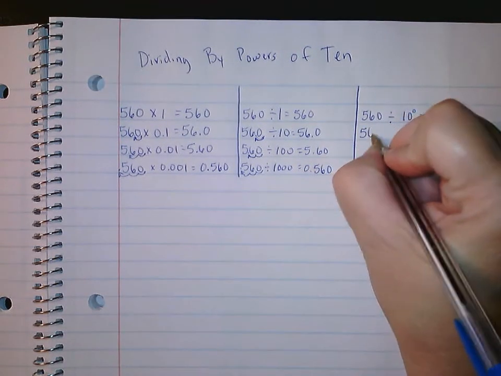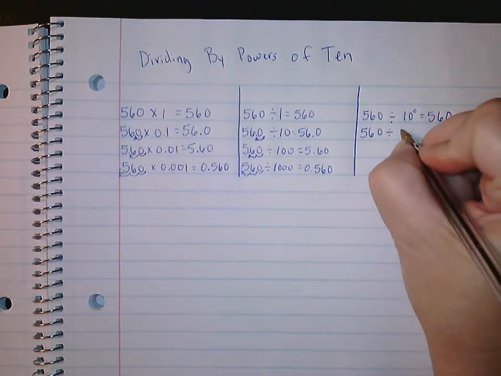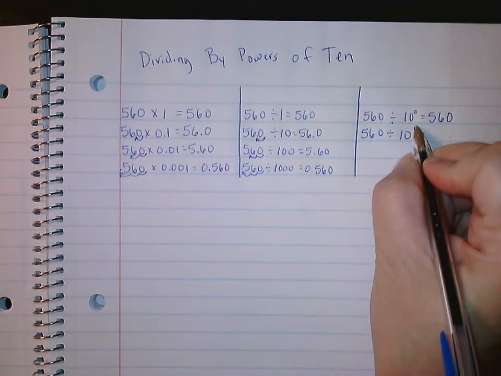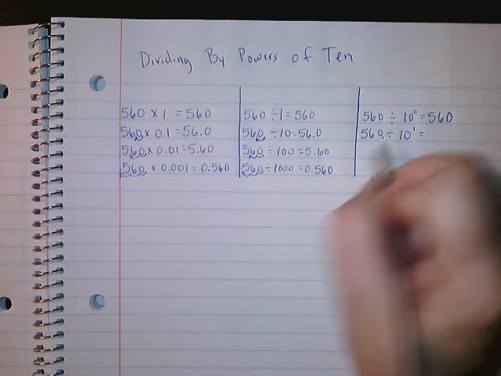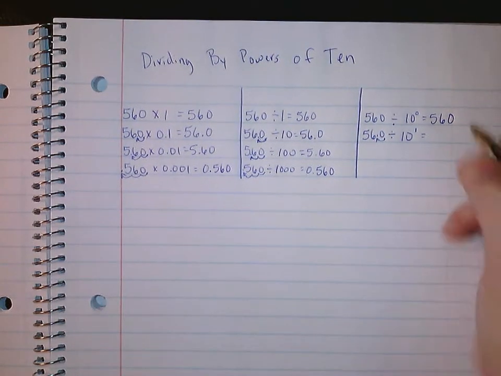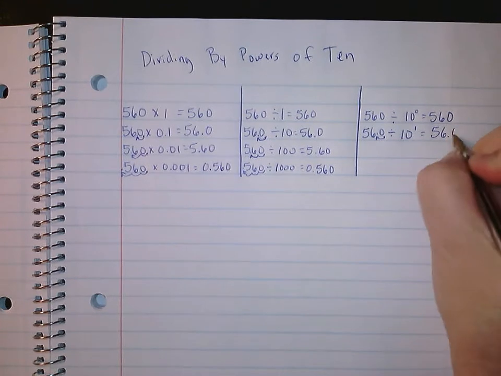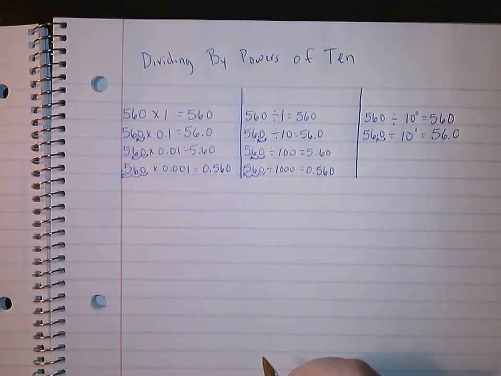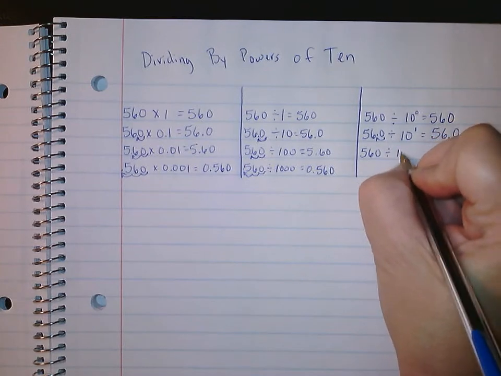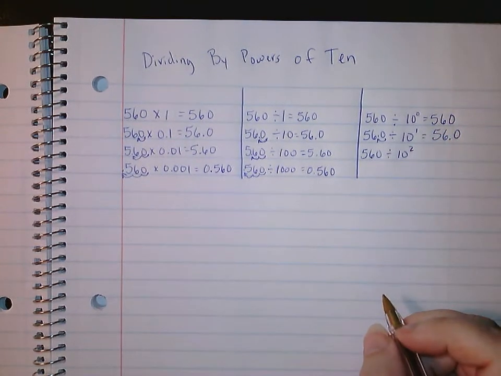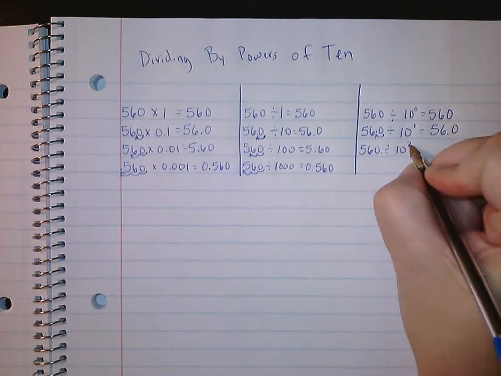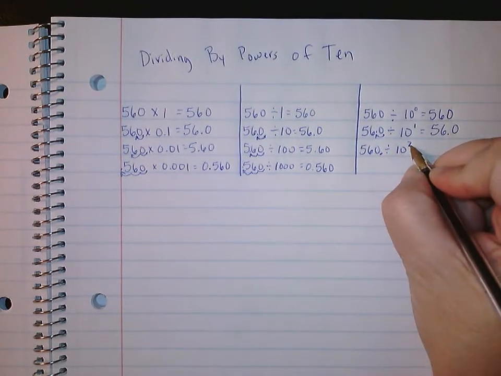So I have 560 divided by 10 to the 1st, which means I move my decimal 1 time to the left. So decimal's right behind the 0. 1 time I'm going to put my decimal there. So my answer is 56 and 0 tenths. 560 divided by 10 to the power of 2, or 10 to the 2nd, which means I'm going to place my decimal 2 places to the left.